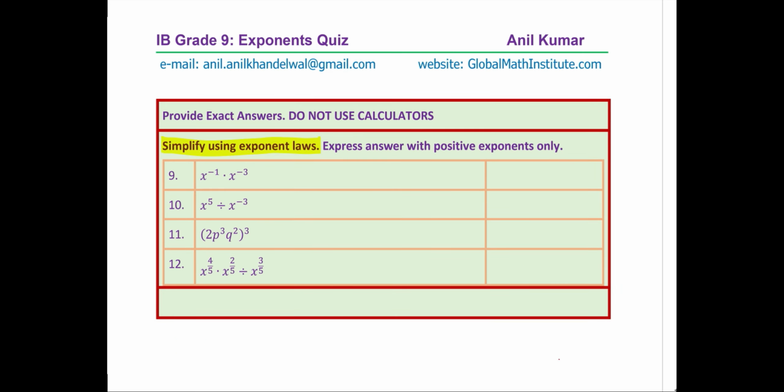Now the next set of questions is simply based on exponential laws. As you know, if I have the same base, a to the power of m, and if I multiply with a to the power of n, the rule is it is a to the power of m plus n. And if I divide, that is to say, a to the power of m divided by a to the power of n, it will be a to the power of m minus n.